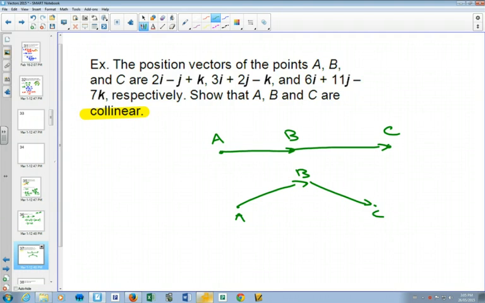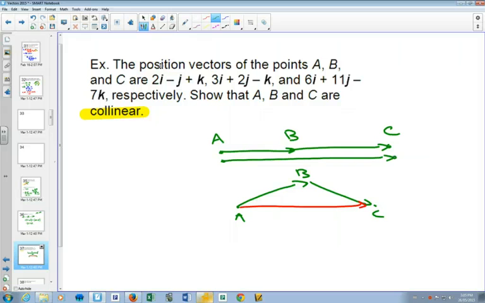What can I do? Because if I draw the vectors either way, A to B, B to C, that gets me to A to C anyways. So we could look at A to C, right?